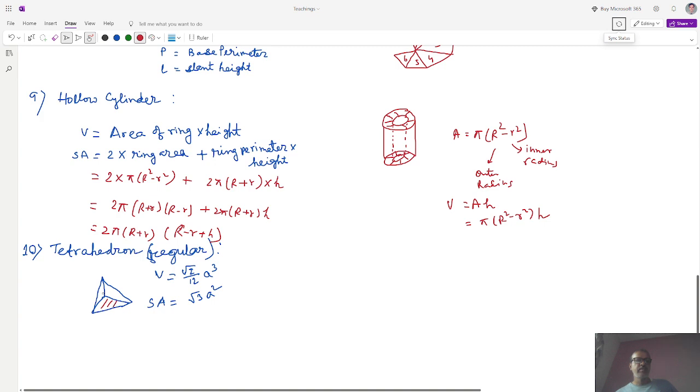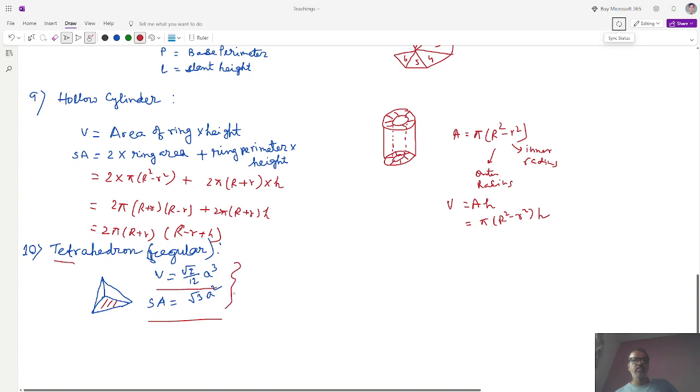There are 4 triangular faces. That is why it is known as tetrahedron. Tetra means 4. Okay. The volume will be √2/12 a³, and the surface area will be √3 a².